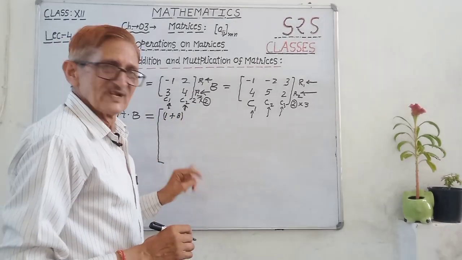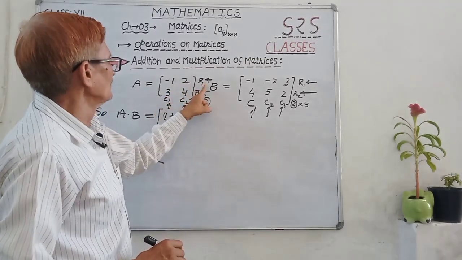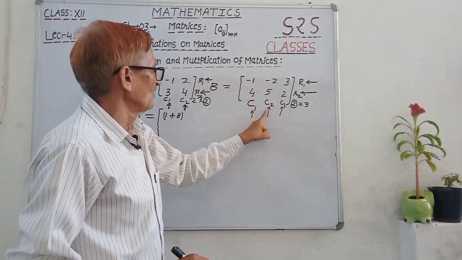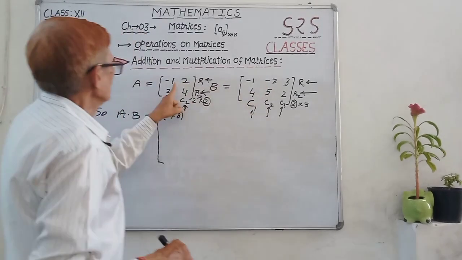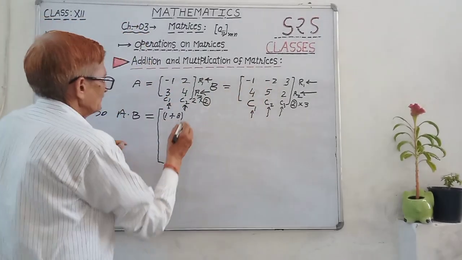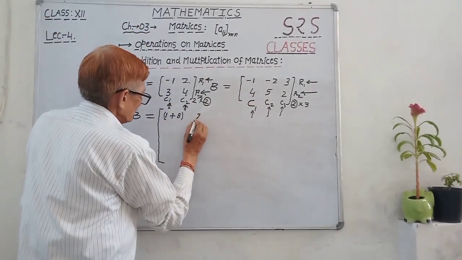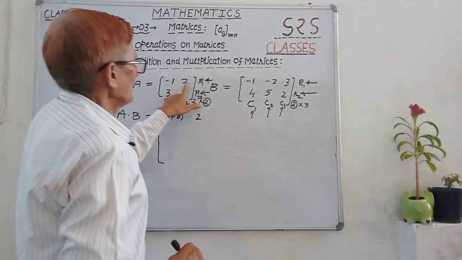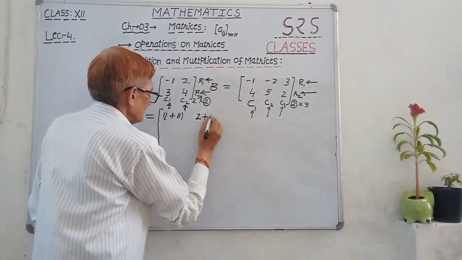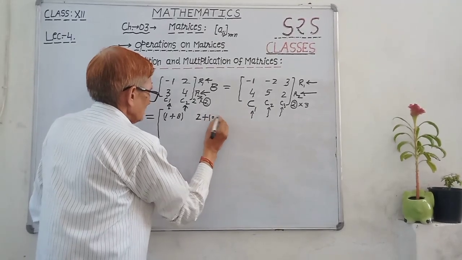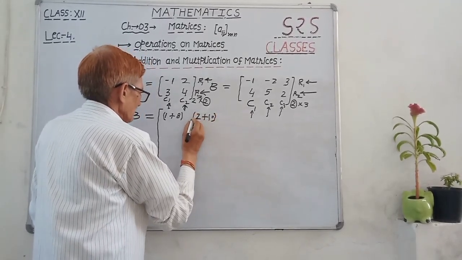Now the second element of the first row: first row with second column, corresponding elements. So minus 1 with minus 2, multiply 2, and 2 multiply with 5, 2 5 is 10. This is the second element.